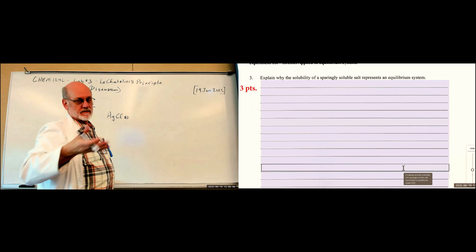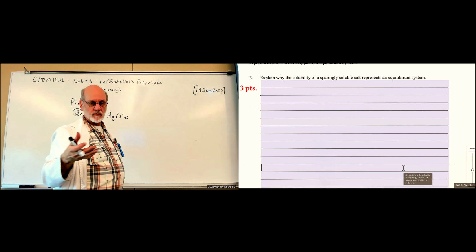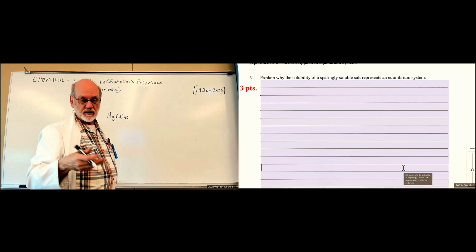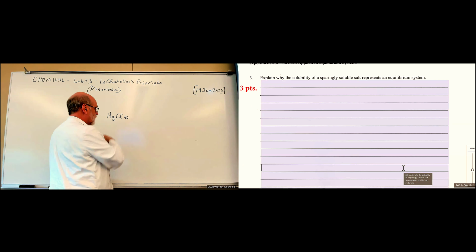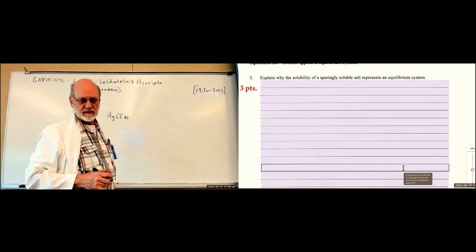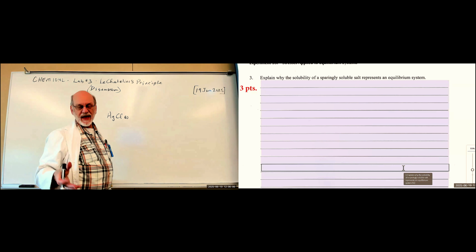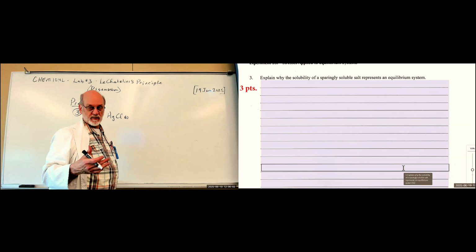In the first course, 101, we learned from solubility charts that silver chloride is considered insoluble. But we know now that it's only slightly soluble. We set up an equilibrium with that solubility in aqueous solution.